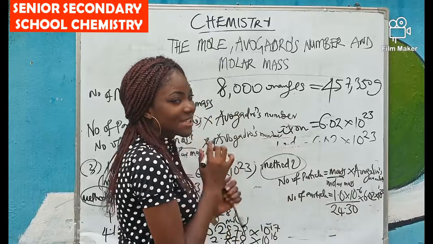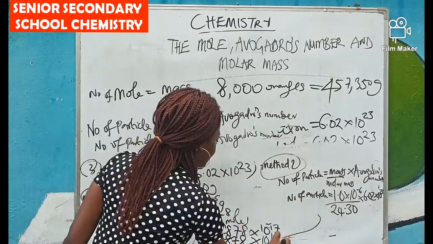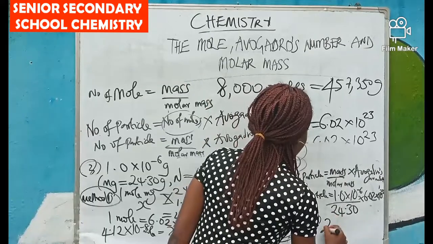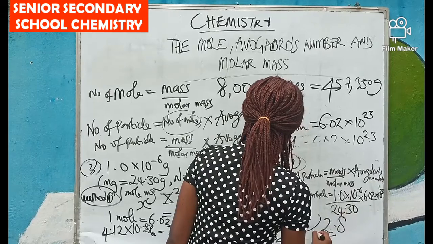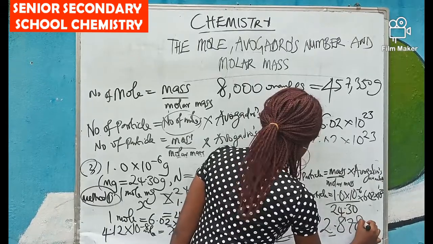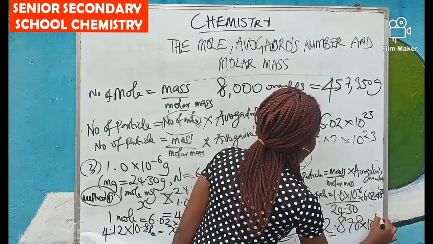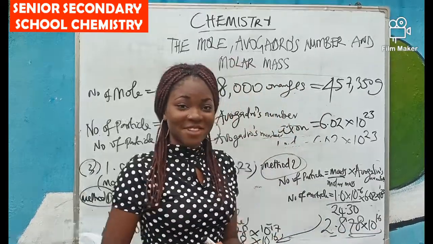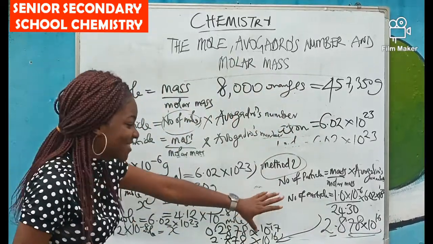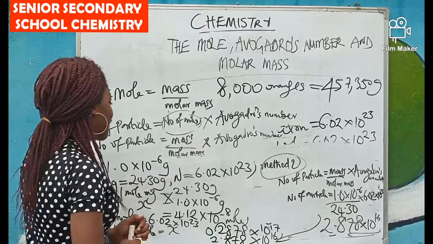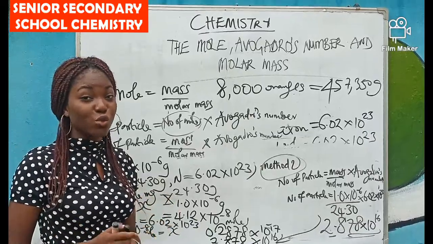When we punch this in our calculator, we're going to be obtaining 2.878 times 10 raised to power 16. Okay, so you see, this one does not really take much time, but it's left for you to know which one you want to use.